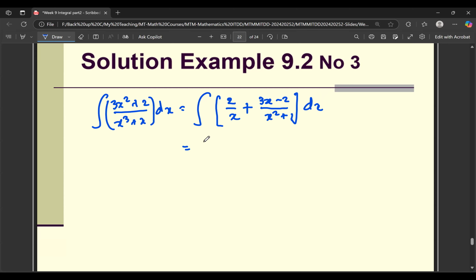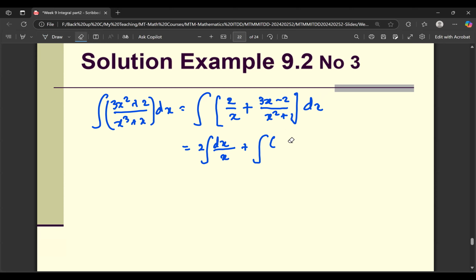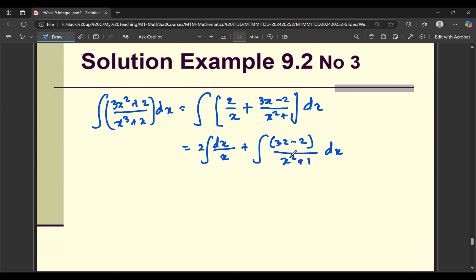So we have two integrals: the integral of dx divided by x plus the integral of 3x minus 2 divided by x squared plus 1 dx.